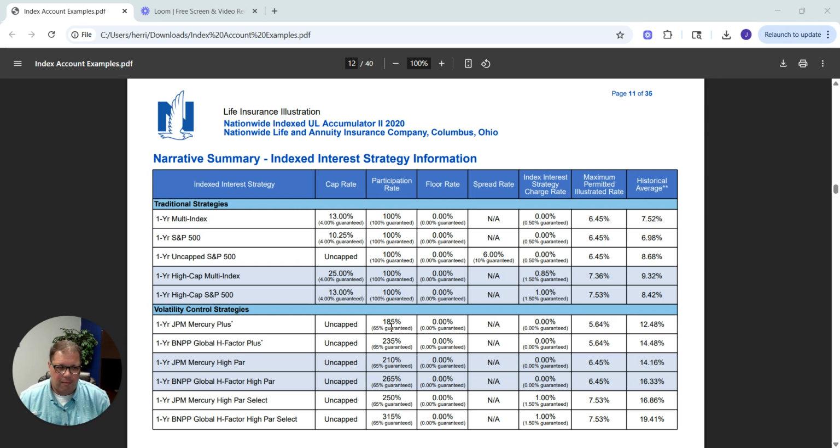First off is that most of these accounts are very new and we don't have a lot of historical data on these accounts. So it's hard to get an idea of exactly what these accounts might return. Also, you have to look at the fine print and see that most of these accounts have a 65% guaranteed participation rate. So what does that mean?